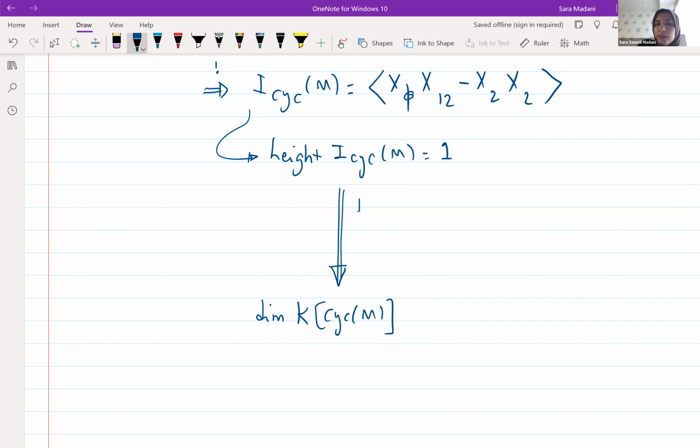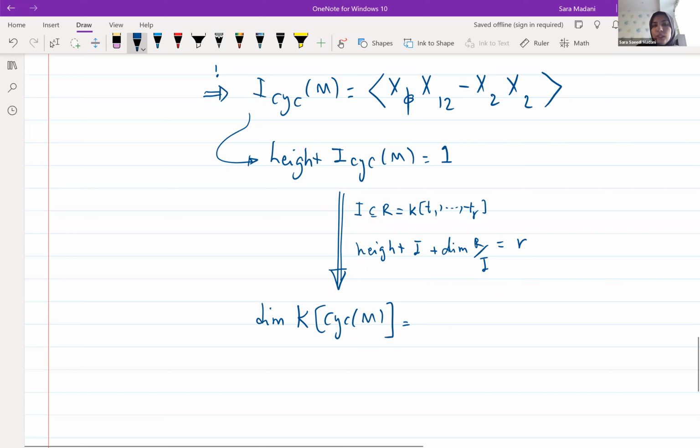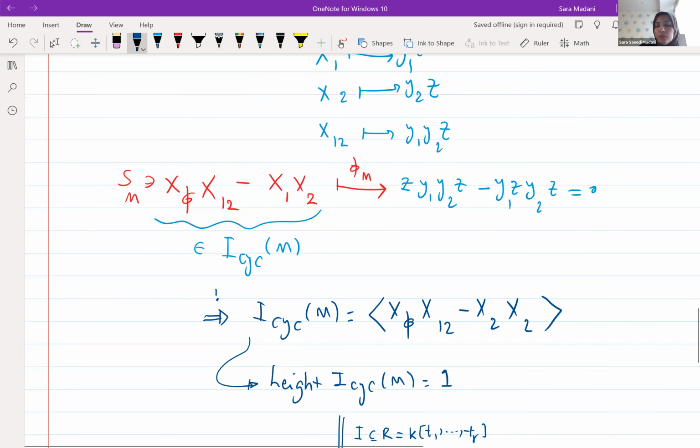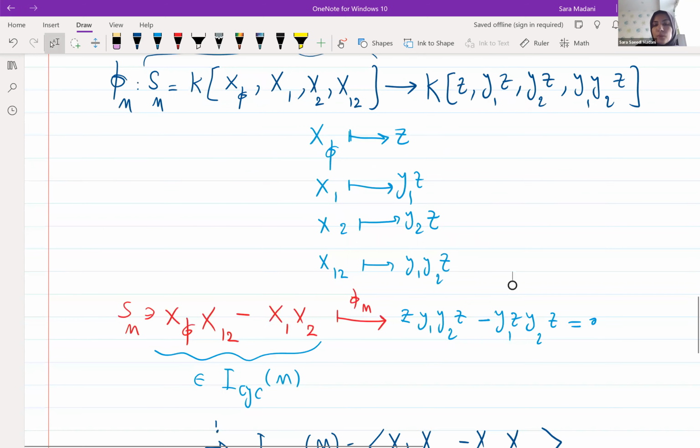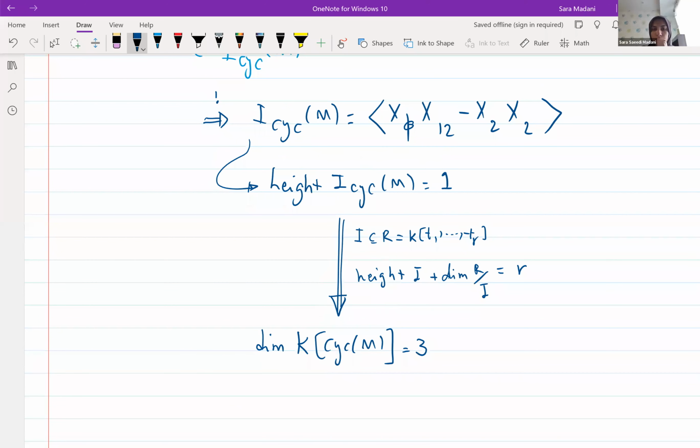And for an ideal in any polynomial ring, let's say K[T1, ..., Tr], you know this height-dimension formula: the height of the ideal plus the dimension of the quotient gives you r, the number of variables. So in this way, since our polynomial ring on the left-hand side has 4 variables, and I obtained the height of the ideal equal to 1, then this dimension would be 3. Okay.